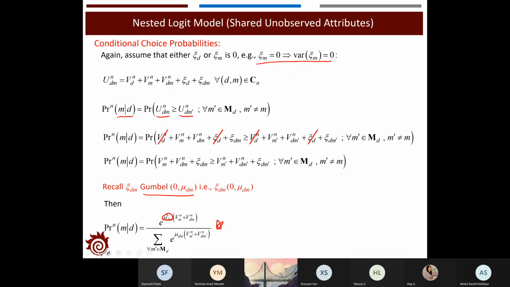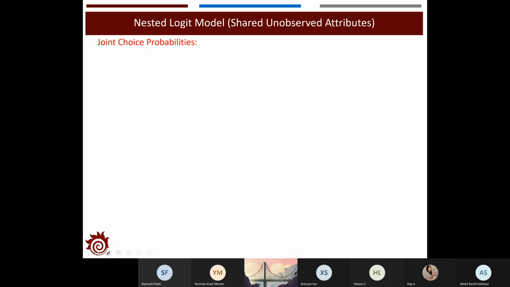So that's the conditional choice probability, and with that we can then estimate the joint choice probability. So this one is a little bit different from the previous one, the joint logit model. In the nested logit model, we have to use the conditional probability and the marginal probability to estimate the joint value.